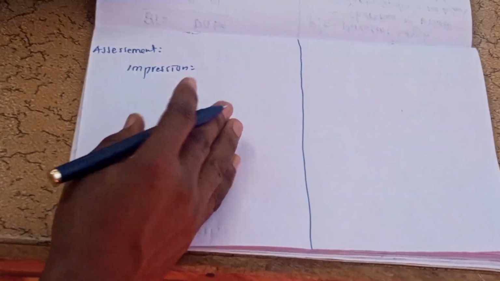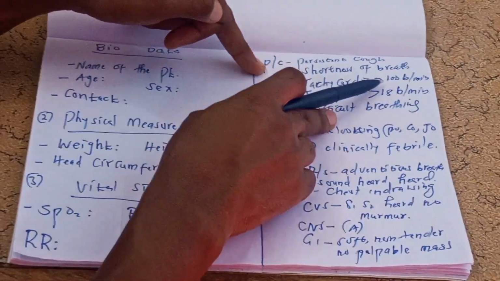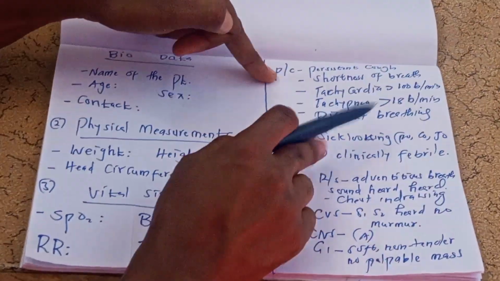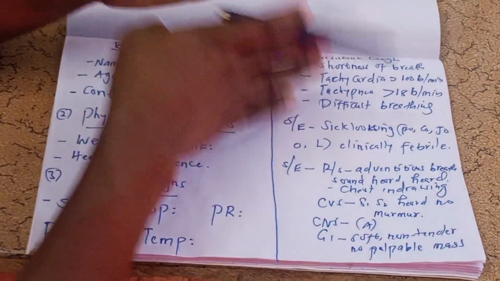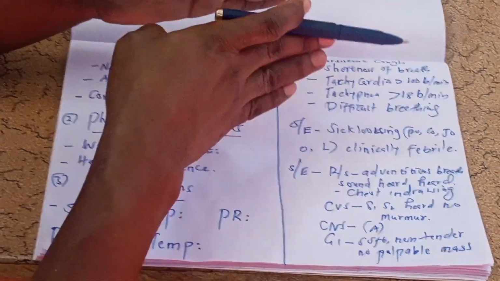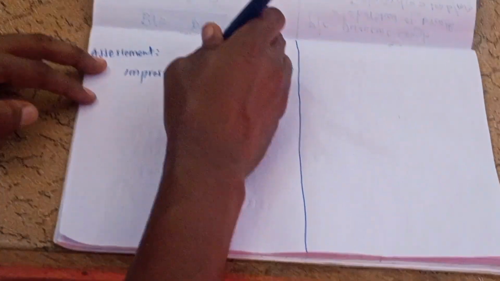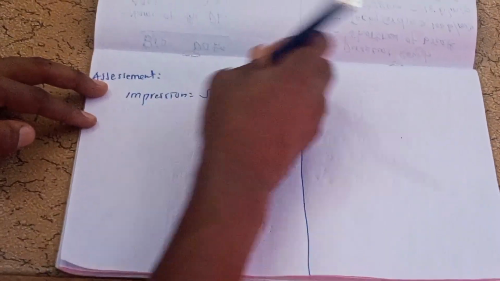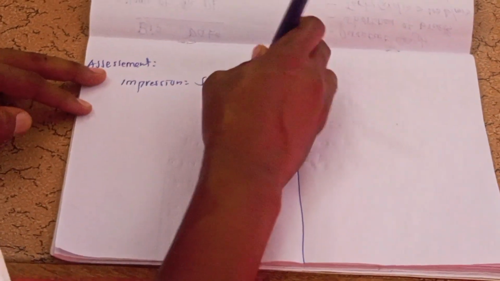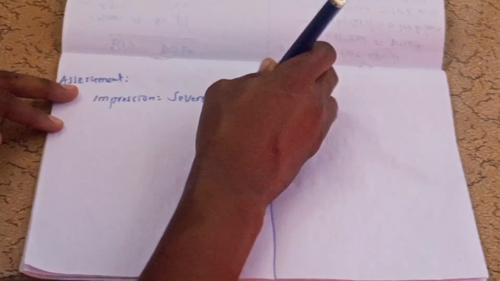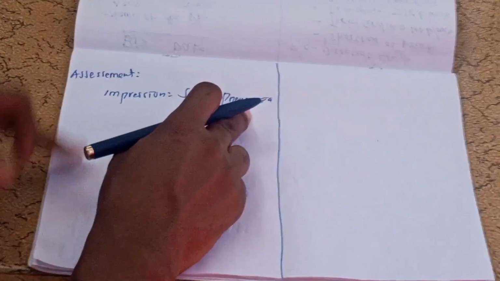For example, when you look at the patient's complaint: persistent cough, shortness of breath, tachycardia, tachypnea, difficulty breathing. These are the symptoms of bacterial pneumonia. So what will be your possible diagnosis? In the impression, you can write severe pneumonia. So our impression, or our possible diagnosis, is severe pneumonia.